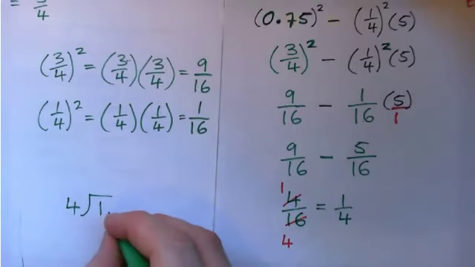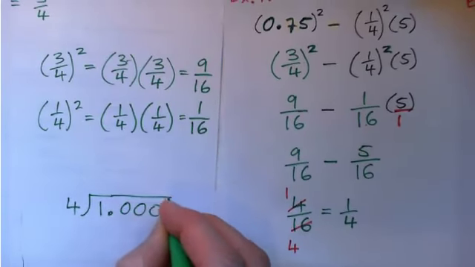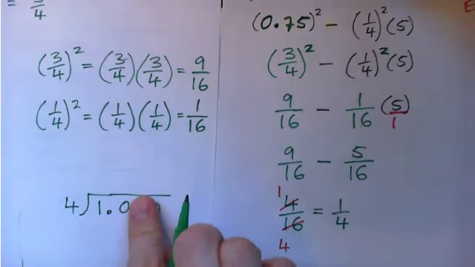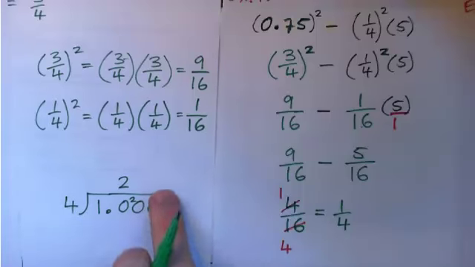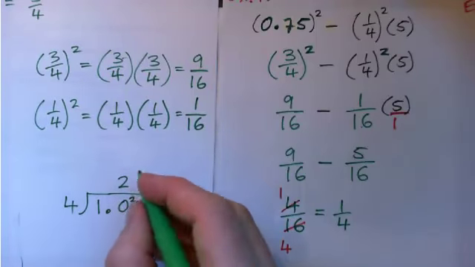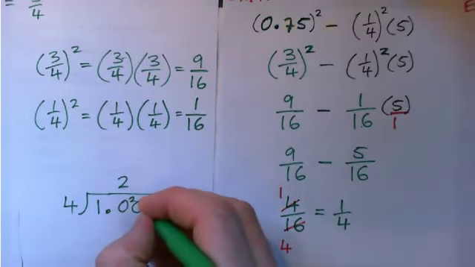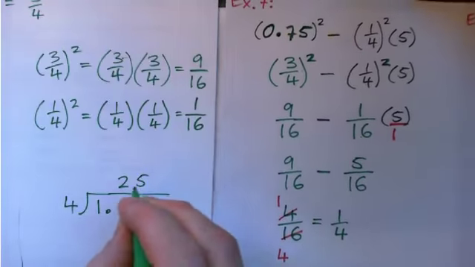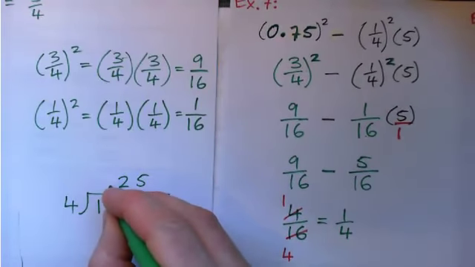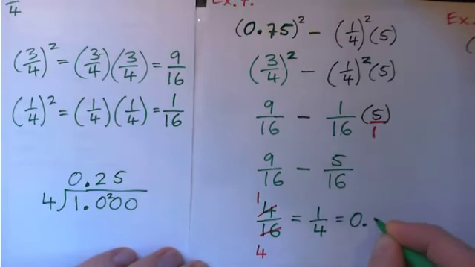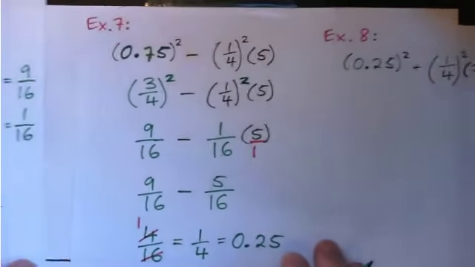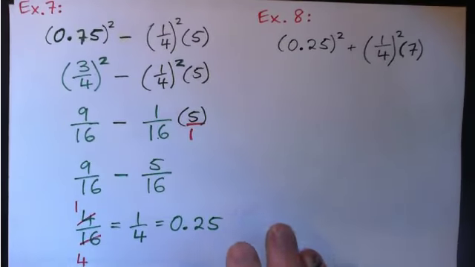You write the 1 as 1.000, and then you go ahead and divide it in. 4 into 10 goes 2 times, remainder 2. 4 into 20, 5 times. And the decimal point goes up here, right? So it's 0.25. So 1/4 is 0.25. Or you might just remember that $0.25 is 25 cents. I mean, let's remember some of these, right?